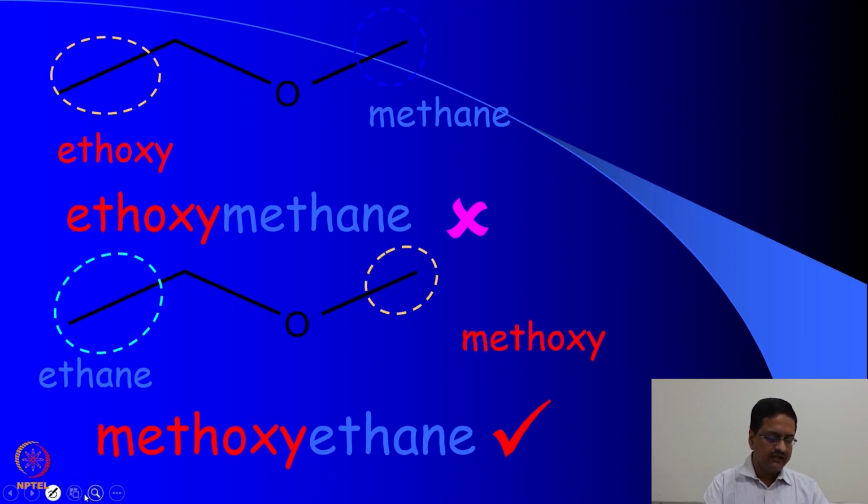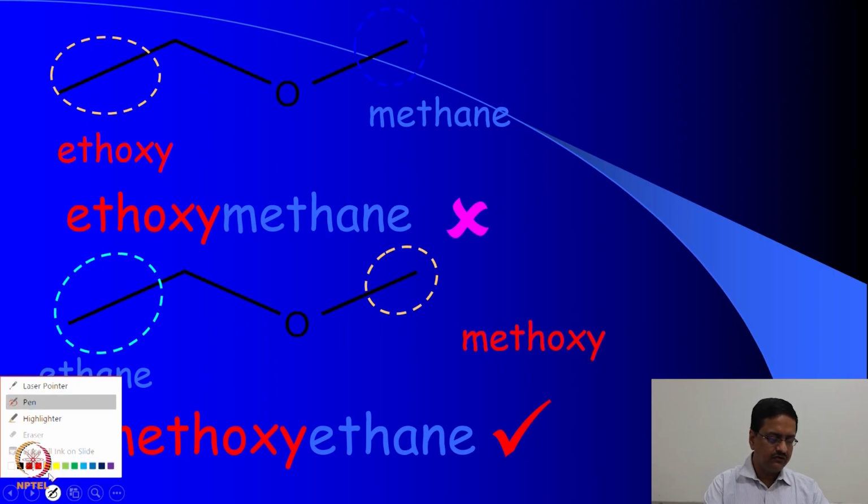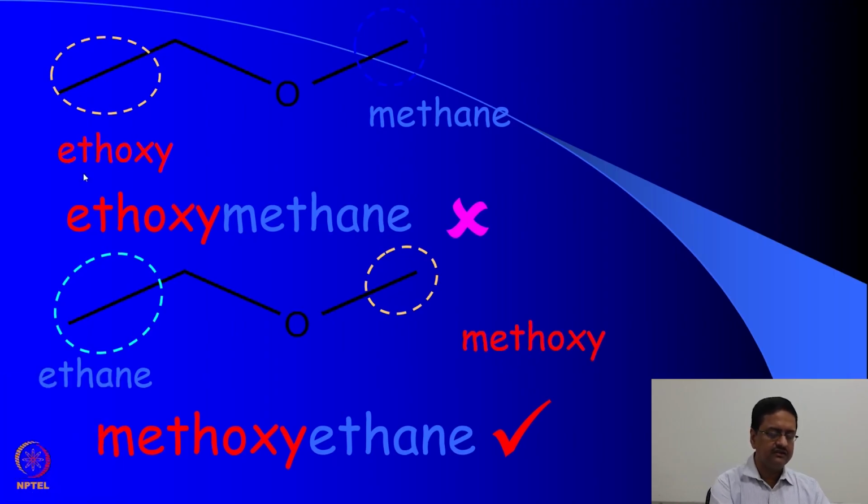One way where we identify one group as ethoxy, because you have an ethyl group connected to oxygen, and here it is a methyl group. So, we can write it as ethoxymethane, or we can write it as methoxyethane.